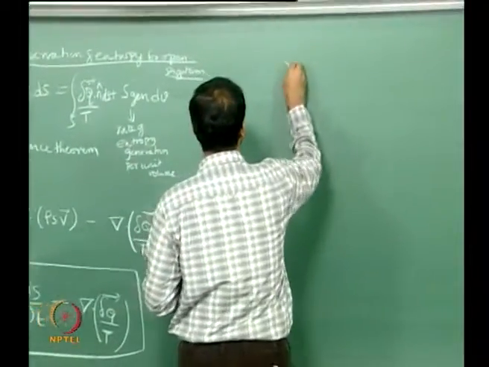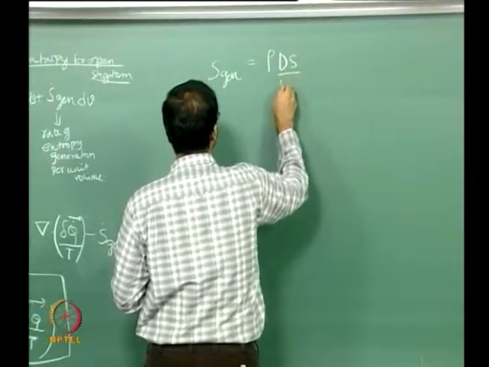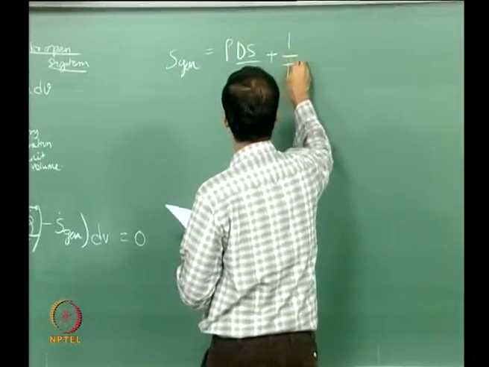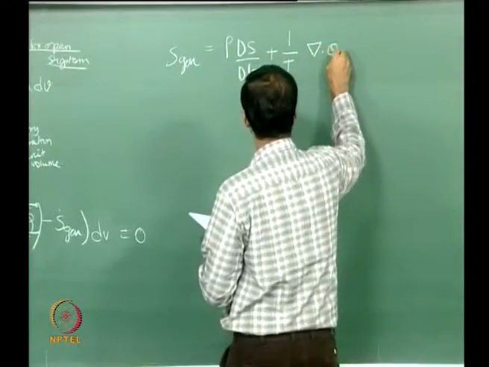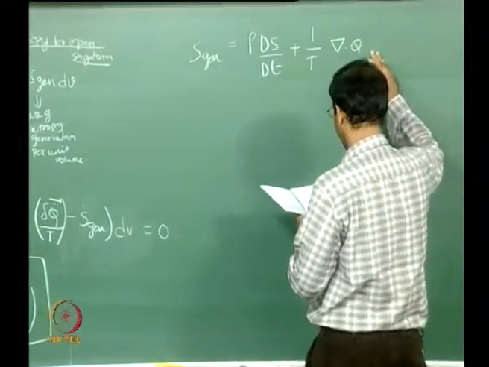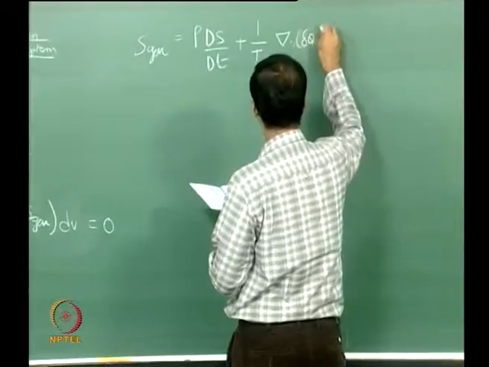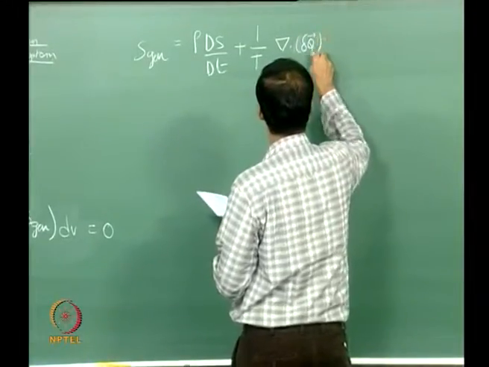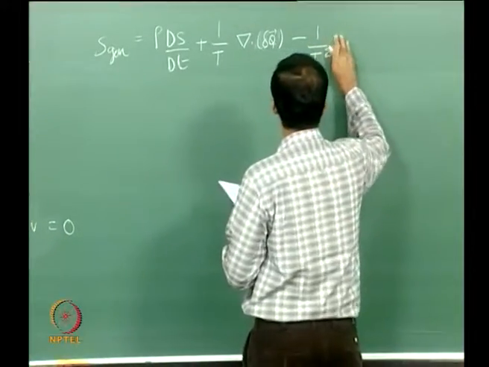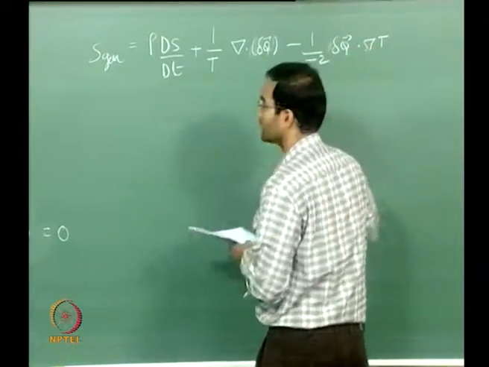I can express this as S dot gen is equal to rho ds by dt plus 1 by T. I can split it up and take 1 by T out, del dot del q, that is one term, and the other term is minus 1 by T square, del q dot del T, okay, right.